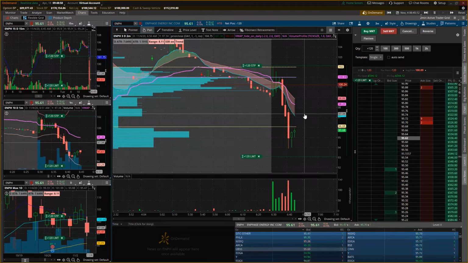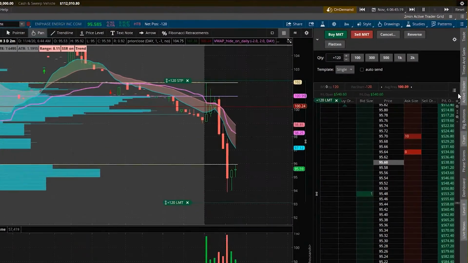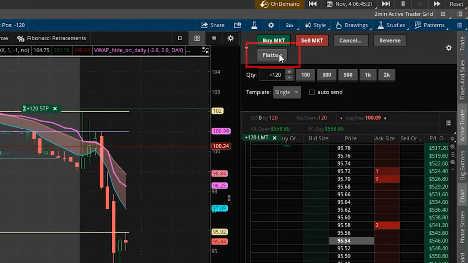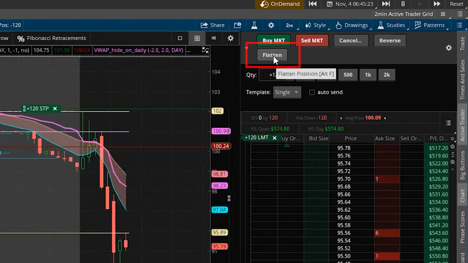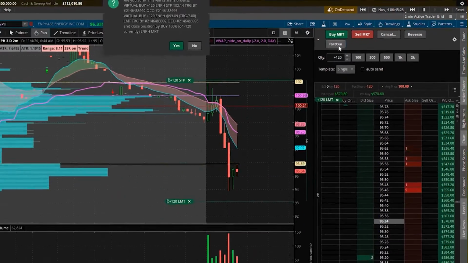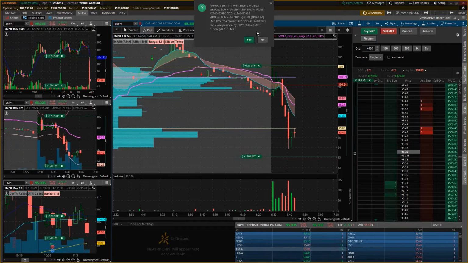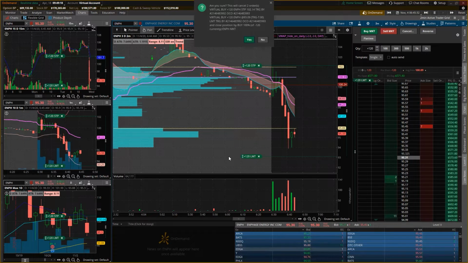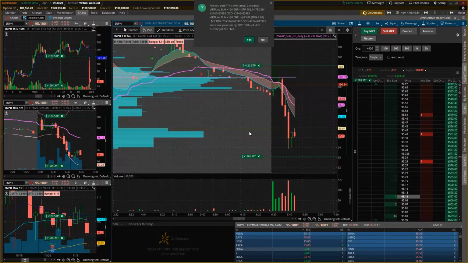All right, so two ways to exit your trade quickly. One, inside of this active trader tab, you can always hit this button that says flatten right here. What this does is, if you click flatten, it'll ask you to confirm first, and it'll cancel all of your orders and also market exit any shares that you currently have.